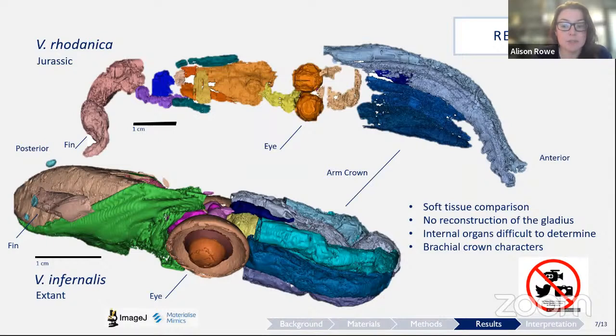Without this, I wasn't able to confirm or deny Fischer and Riou's assertion that they were relatives, although I was able to compare the soft tissues between the 2. Many of the internal organs were challenging to identify with any certainty. Obviously, there was some post-depositional squishing happening. So I focused mainly on the arm crown, as this was the best preserved element across the fossil specimens.